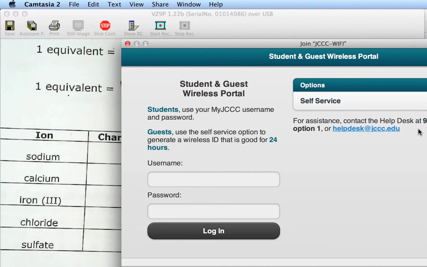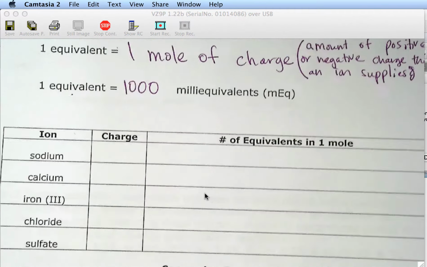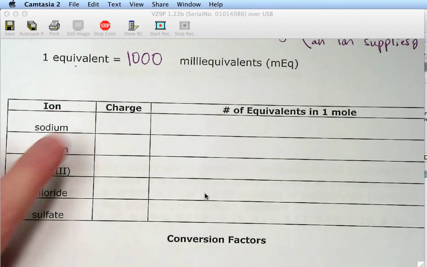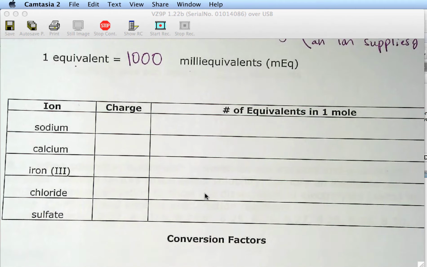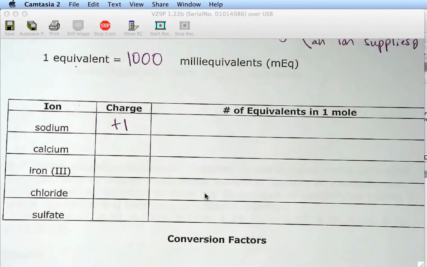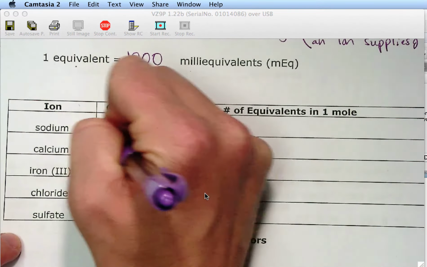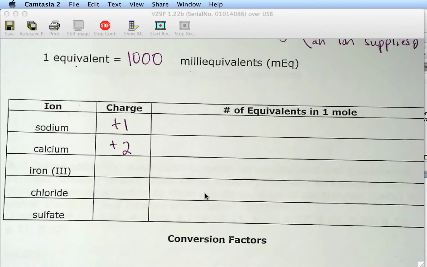Okay. I'm going to go through some ions, and I want you to list their charge. So sodium is in group 1. What charge would it have? Plus 1. Calcium is in group 2. What charge would it have? Plus 2. Iron, 3.